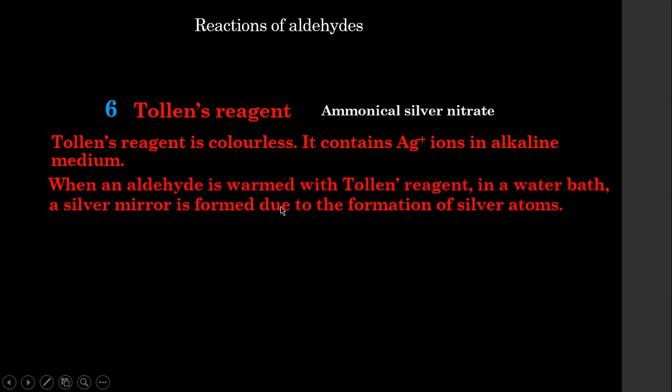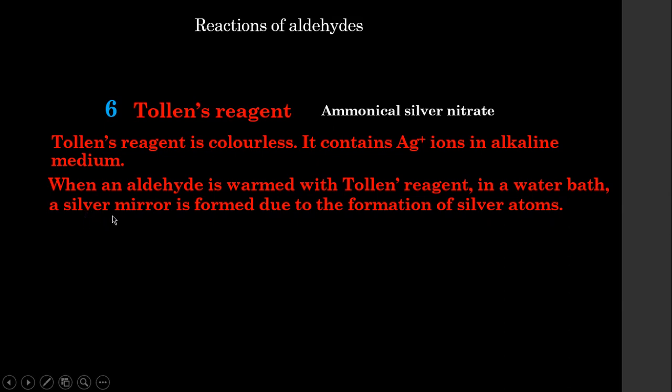When an aldehyde is warmed with Tollens reagent, which is colorless, this also has to be done in a water bath. Remember, all the 3 reactions we discussed today are done in a water bath because we can't use direct heat since aldehydes are flammable. What happens when you heat with Tollens reagent in a water bath?